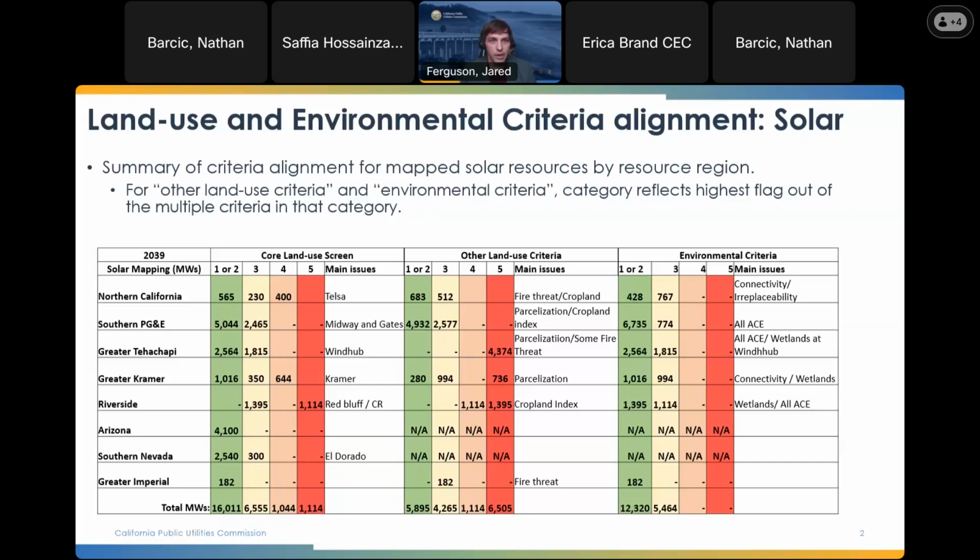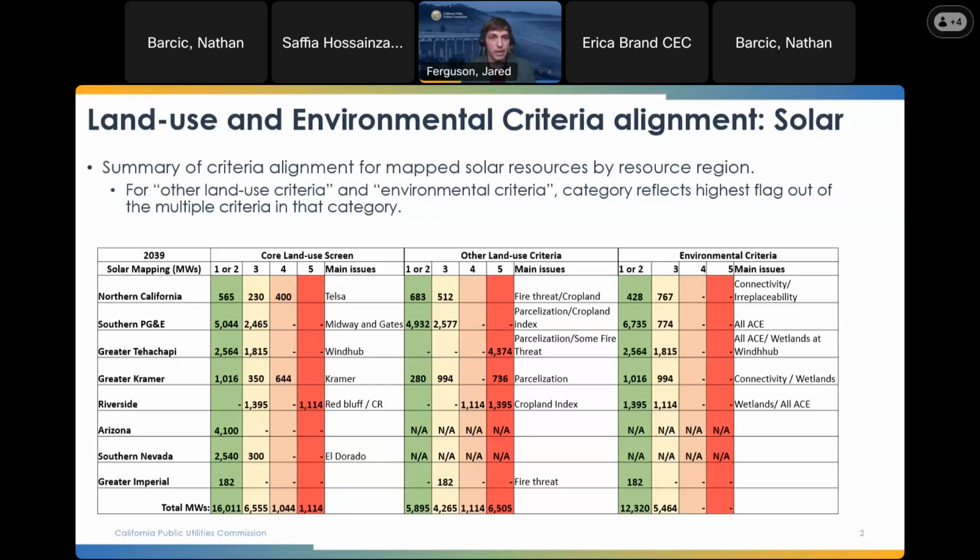In the subsequent section of columns, we have the other land use criteria for solar. We had multiple other land use criteria that we implement. We had the parcelization, we had the CEC's cropland index, and we had fire threat as well. And so this is looking at, across those multiple criteria, what was the highest flag. And so it's sorting those by that highest flag.